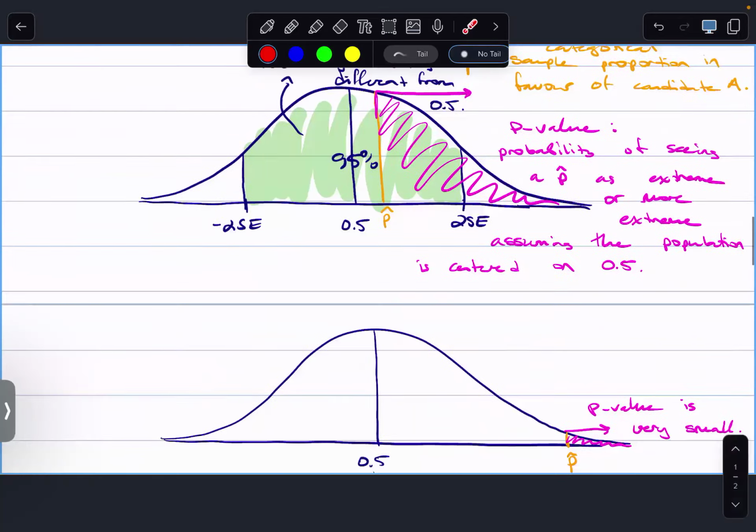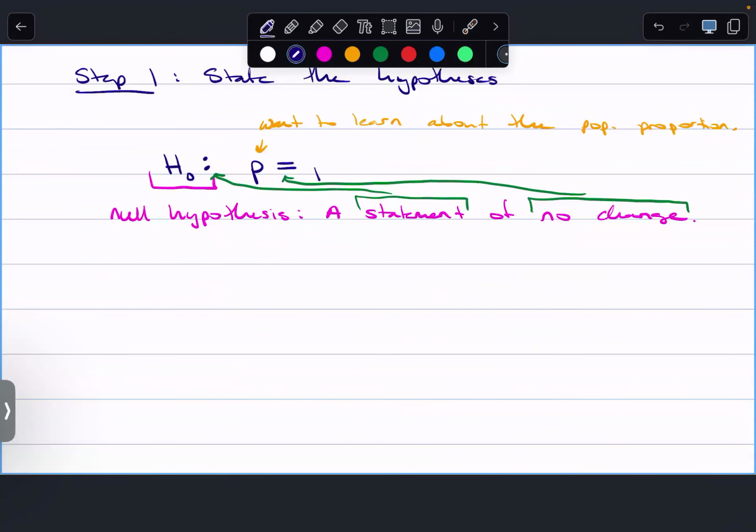Okay? And so in general, we're going to have P subscript 0, or P naught. I'll highlight that and put it down here. P naught, or P null, but I think that sounds weird. So P naught is the value that we want to compare our sample proportion to.